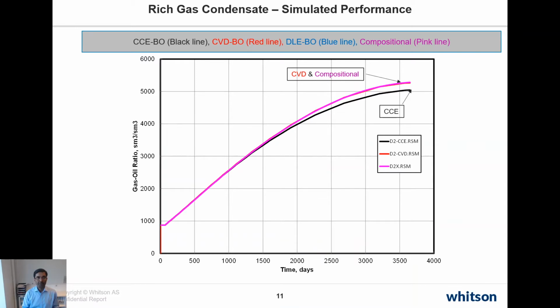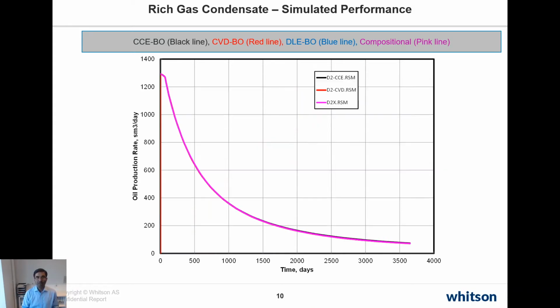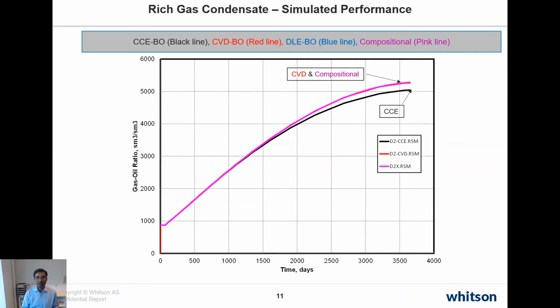This is the producing gas oil ratio, and the compositional and CVD are quite close and slightly different from CCE at the end of the production period. But in this period, the oil rate and gas rate are quite similar, so this small difference in CCE and CVD has practically no impact.